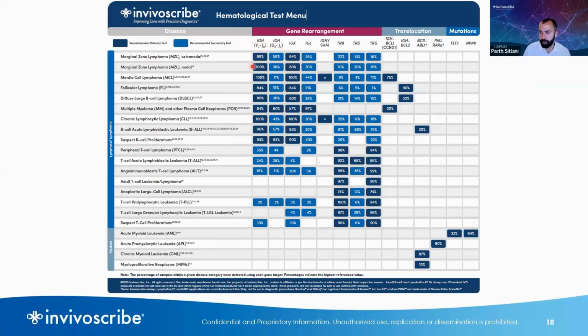So you can see that follows the chain of IgH and IgK. And then down here in the T-cell diseases, you can see that the primary targets are TCR beta and TCR gamma. But the great news is that we can cover almost all B and T cell malignancies using these assays.